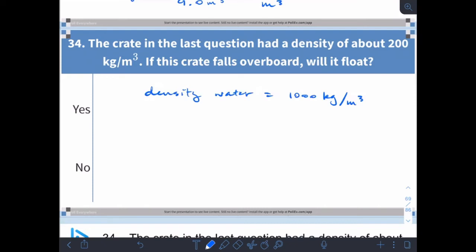So our crate is 200 kilograms per cubic meter. If the density of the object is less than the density of water, it will float. So the answer here is yes.